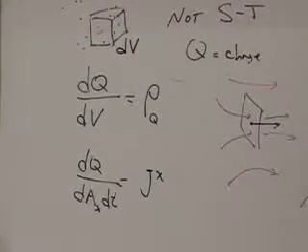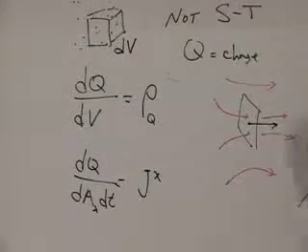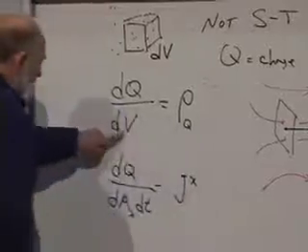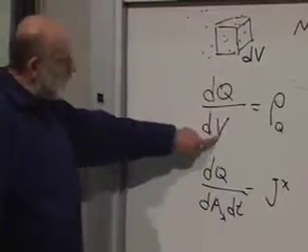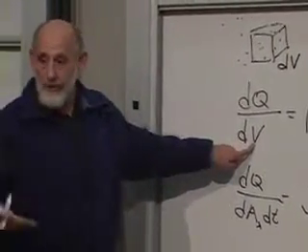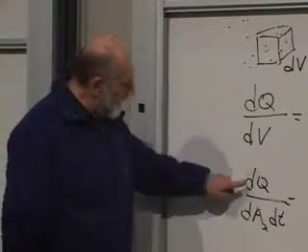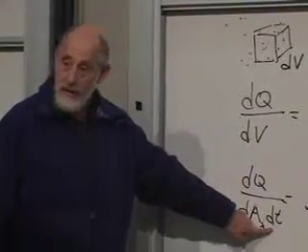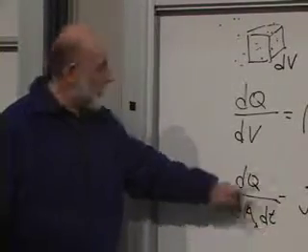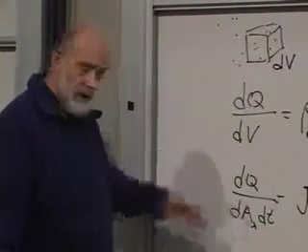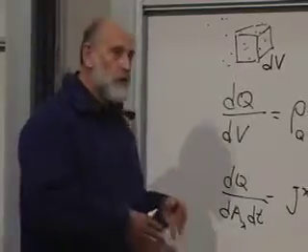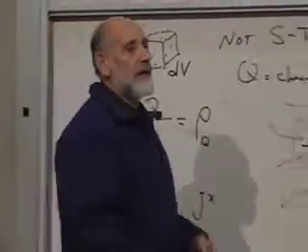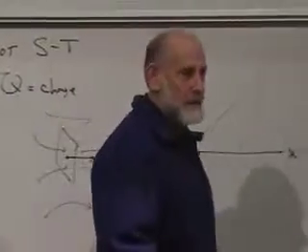Also 3. The only real difference between these is here I have charge per unit 3-dimensional space-like directions. Here I have charge per 2 space-like, 1 time-like direction. So these are clearly closely similar kinds of things, charge per unit length cubed, if you like.